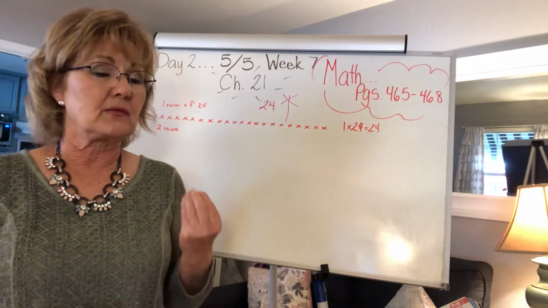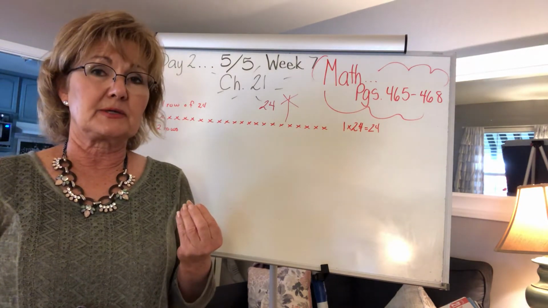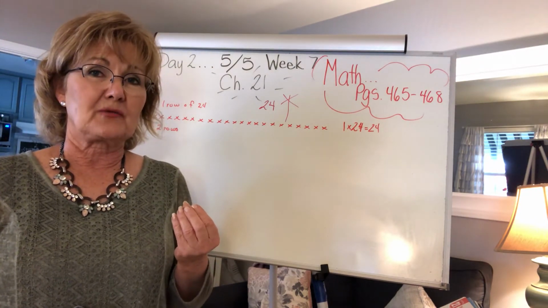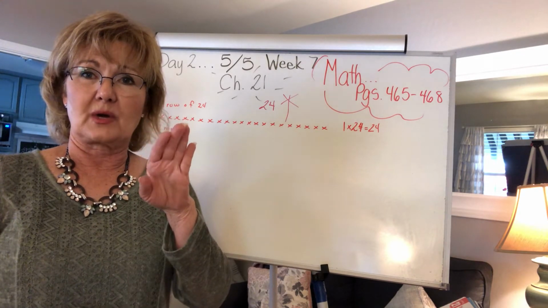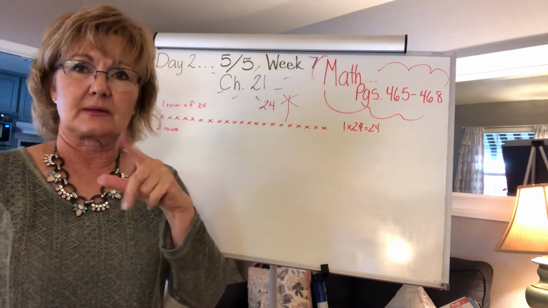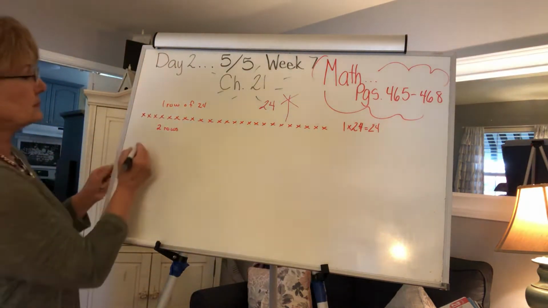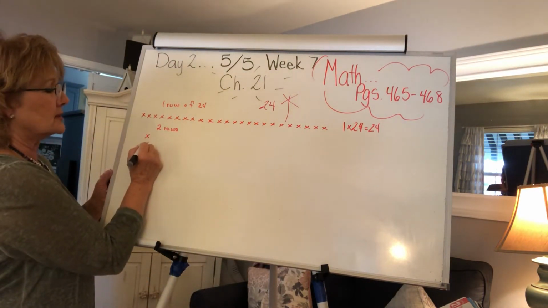Can you have 2 rows and make it even? Can 24 be divided up by 2 evenly? Does 24 end with an even number? A 4, yes, 24 does. Yeah, so it would look like this. We'd have 2 rows, right?